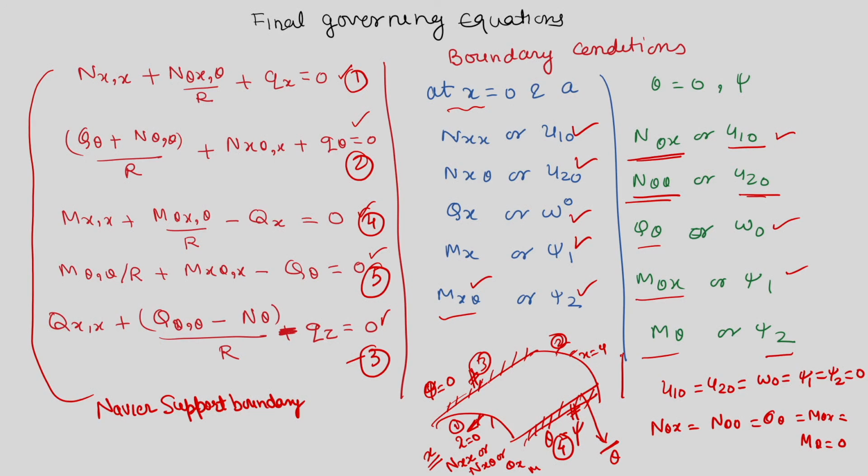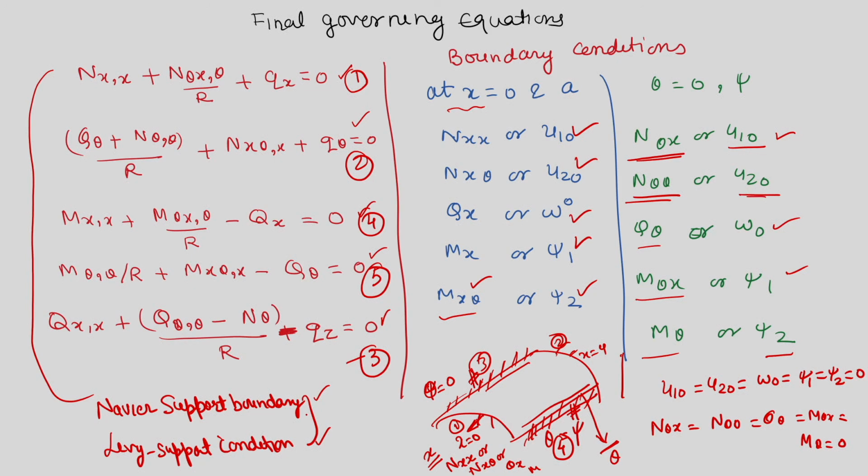If any two opposite edges like this are simply supported, then we say that the cylinder is subjected to Levy support conditions. Analytical and closed form solutions are valid only for Navier support and Levy support conditions.